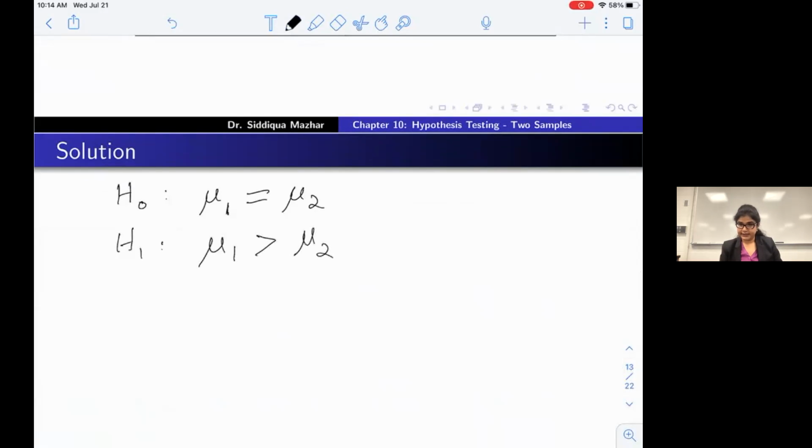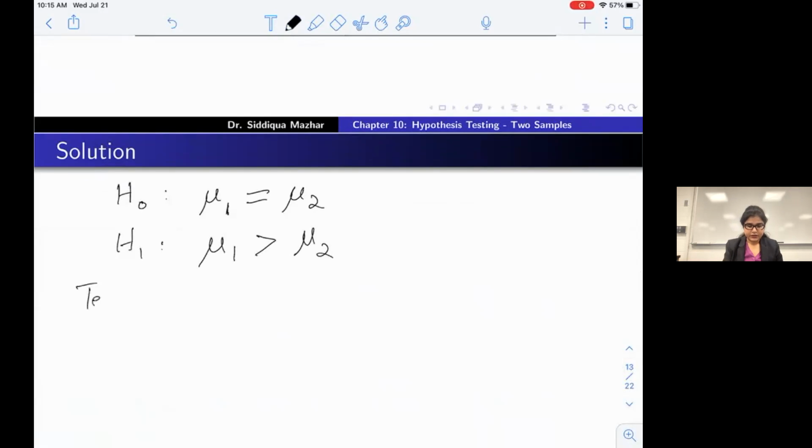This is my alternative statement. I'm not going to write not equal to. I'm going to write greater than, because in the question the claim is that the average arm length for male, which is my group 1, so mu1, is longer than, meaning greater than, the average arm length for the female, which is group 2, so mu2.